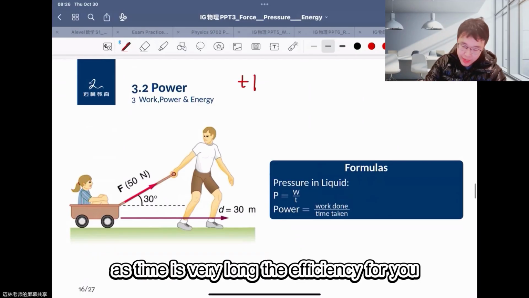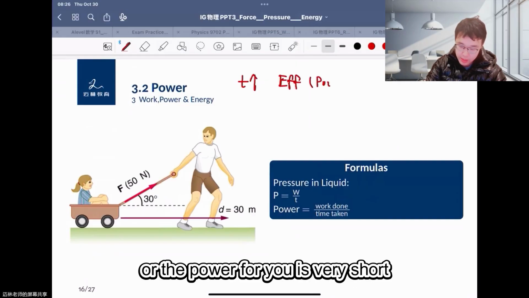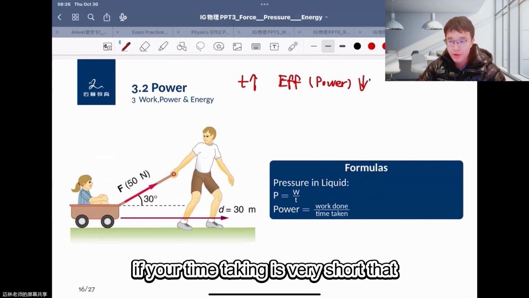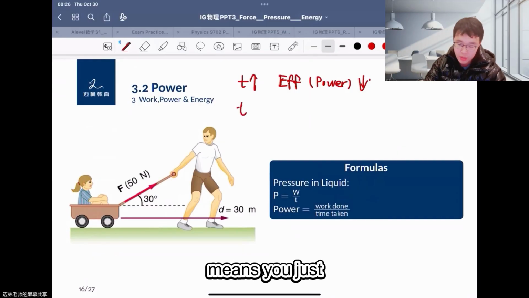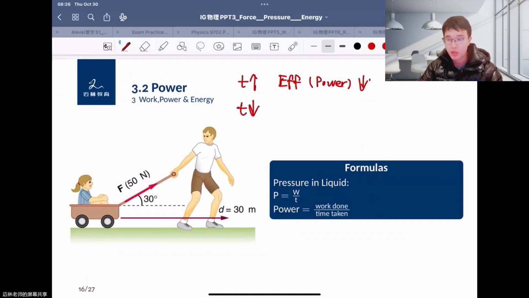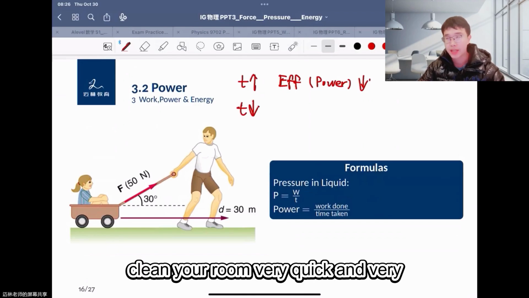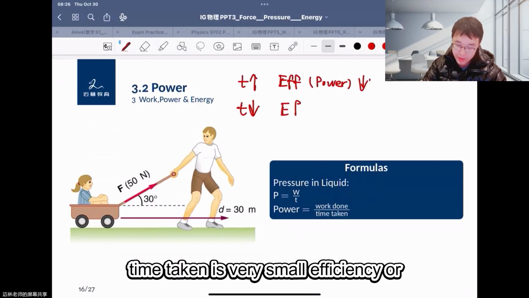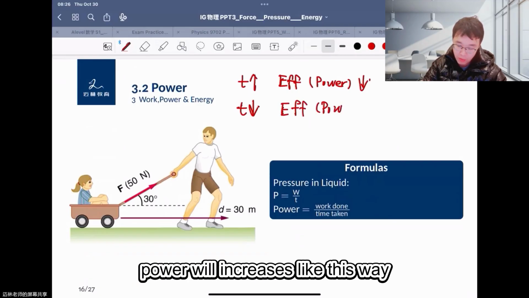So as the time is very long, the efficiency or power for you is very small, right? If your time taken is very short, that means you worked very focused on your job and tried to clean your room very quickly, with maybe high efficiency. Okay, so when time taken is very small, efficiency or power increases like this way.